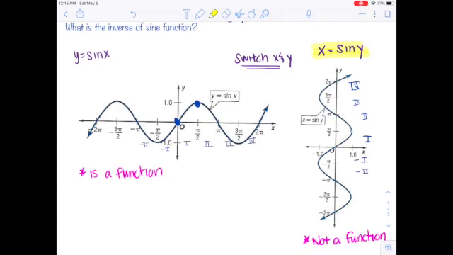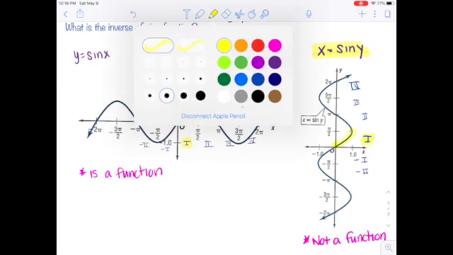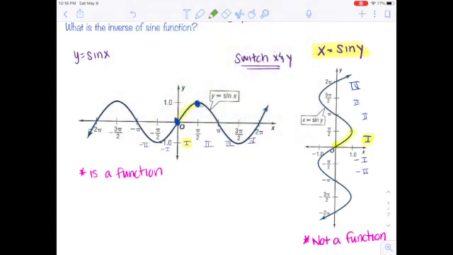A few more things I want to point out: where is each chunk of the graph matching up with each quadrant? From 0 to pi over 2 is quadrant 1, and you see that over on the inverse function from 0 to pi over 2. I labeled that as the first quadrant. The second quadrant goes from pi over 2 to pi, and you see that over on the inverse from here all the way to here.